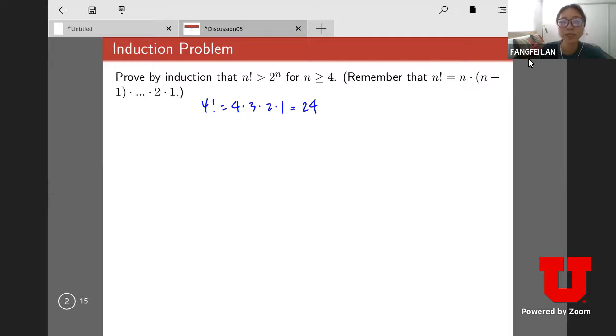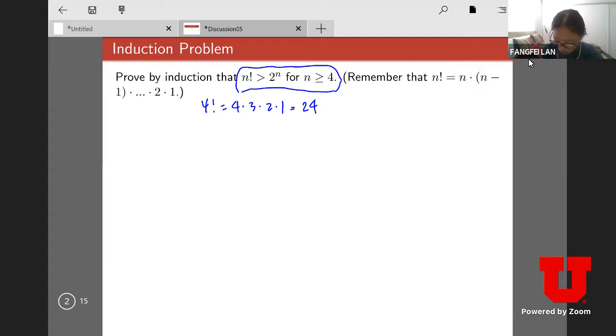Okay, what is the first step for induction? Prove the base case? Yes, but first of all, the problem statement is what? This should be simple. N factorial is greater than 2 raised to the n. Yes, exactly. So this would be our problem statement.